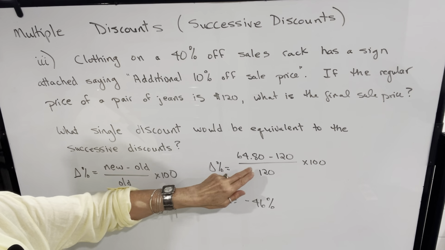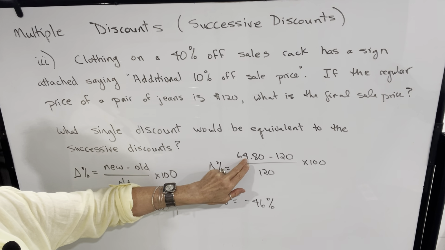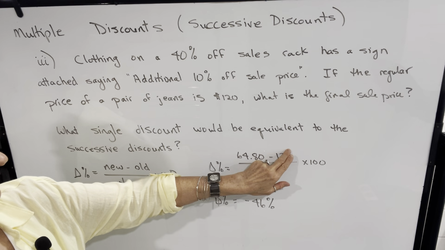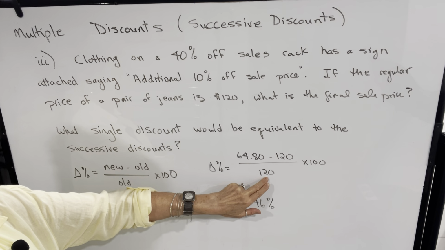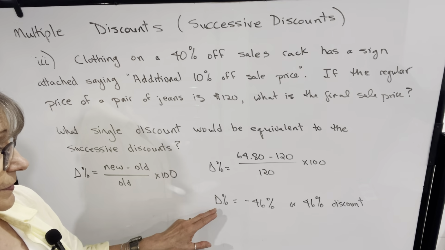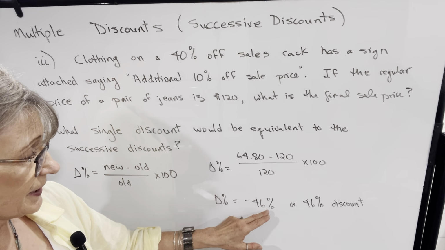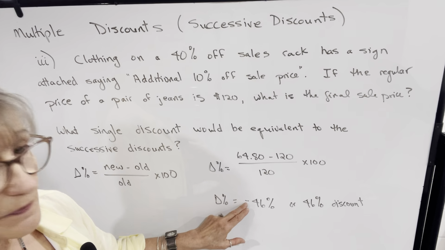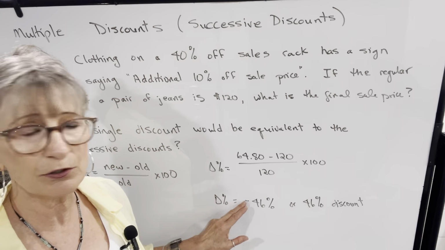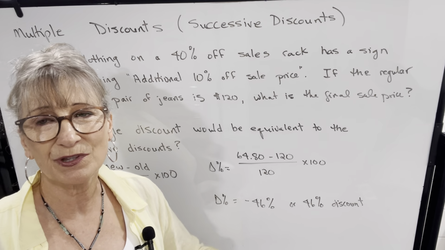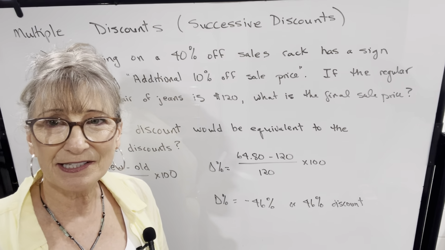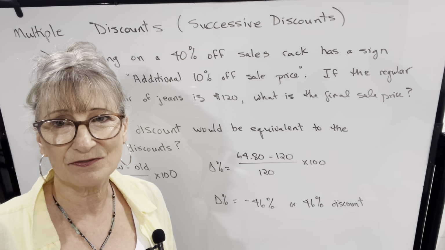So in this example, the new price was $64.80. The old price was $120. Divide by the old price and then multiply by 100. So the percent change is negative 46%. Because of the negative, it's a decrease, and if we use the word decrease or discount, we don't have to put the negative sign.